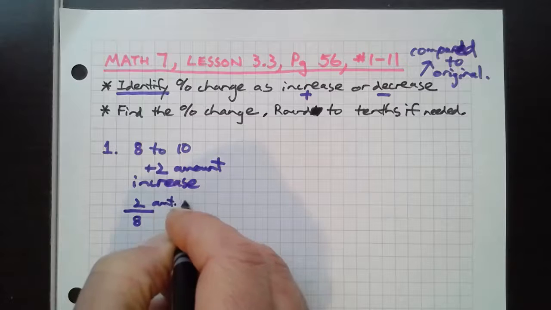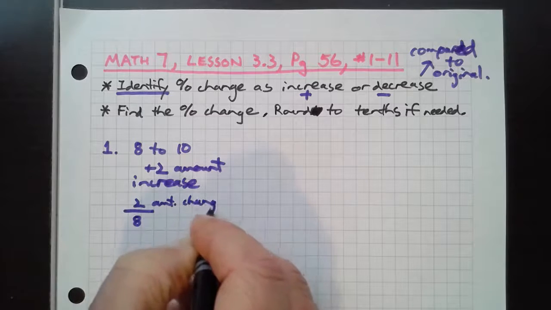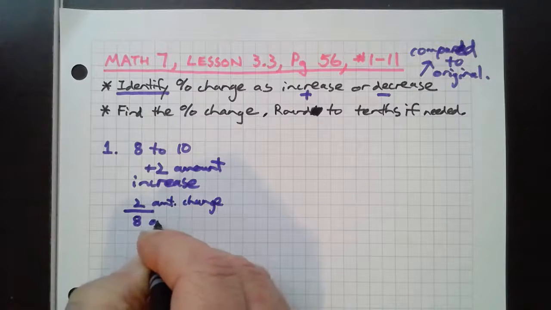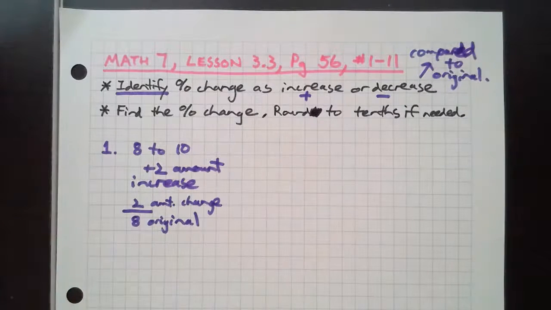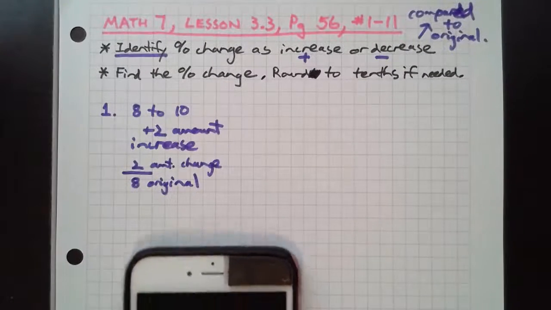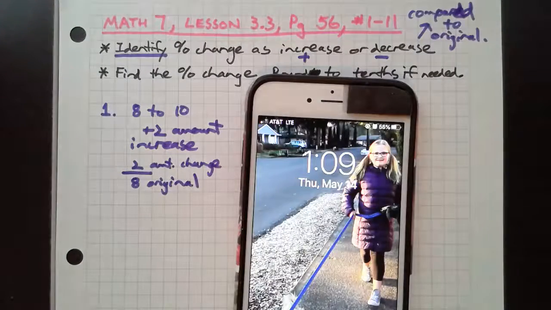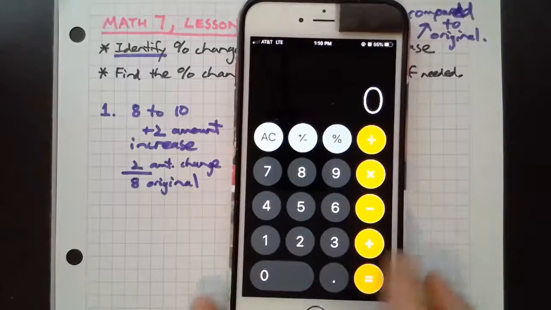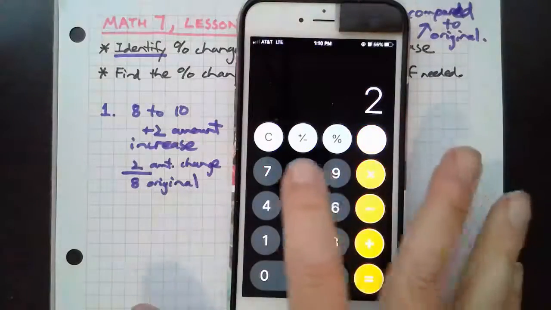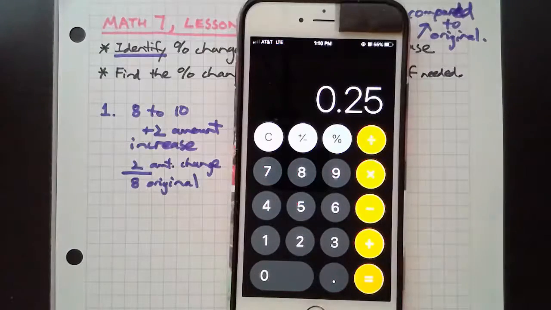I'll just do this on this one problem. We always find the amount of change, put it over the original. And then, in this case, you could use long division. You may already know this one, but I'm just going to say 2 divided by 8, and I get this decimal.